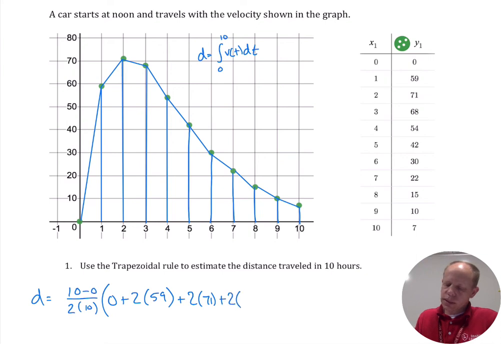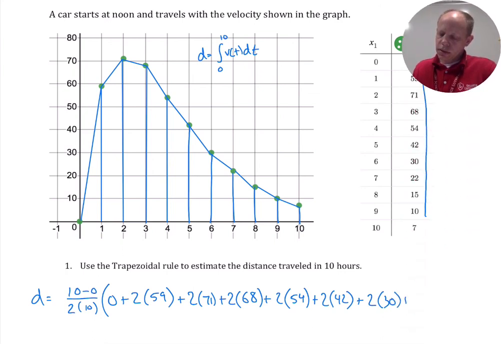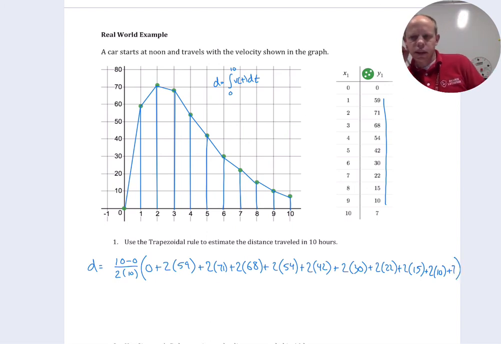We want 2 of the 68. We want 2 of the 54. We want 2 of the 42. All right, we're just going down. We want 2 of all of these. We want 2 of the 30, 2 of the 22, 2 of the 15, 2 of the 10, and we only want 1 of the 7. We just fit it in there.